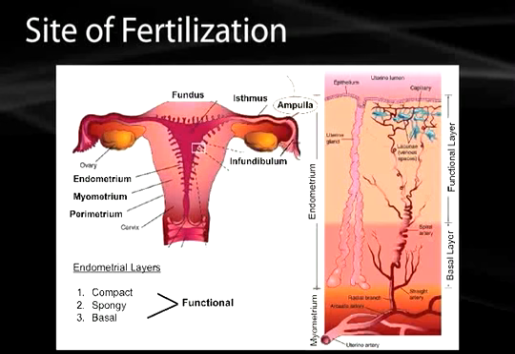Now, looking at the endometrium, we want to discuss the layers of the endometrium, which will be the compact, spongy, and the basal layers. The compact and the spongy layers will form the functional layer, and this is developed in the final stages of the menstrual cycle.